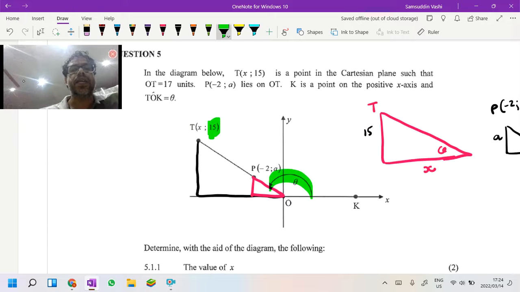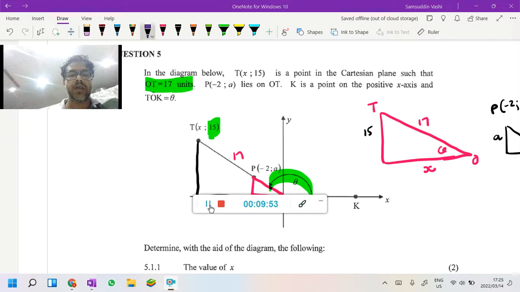If I read further, then it says OT equals 17 units. So that's O, that's 17 units, 17 units. Now I can use Pythagoras to get the value of x. Let me start writing the Pythagoras formula first.